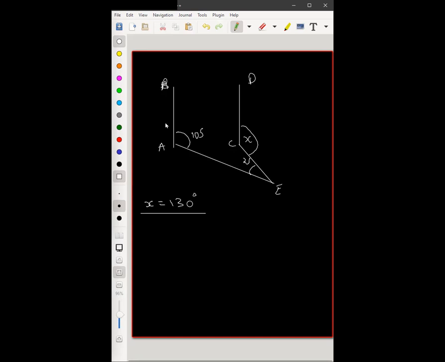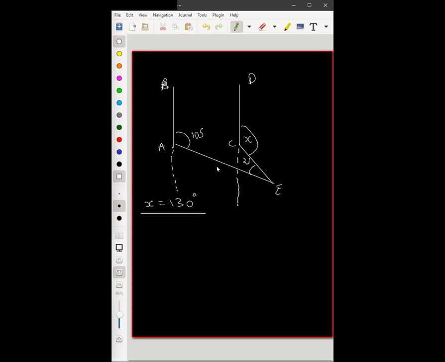Sir, I extended the line CD and AB. So here AE is the transversal.